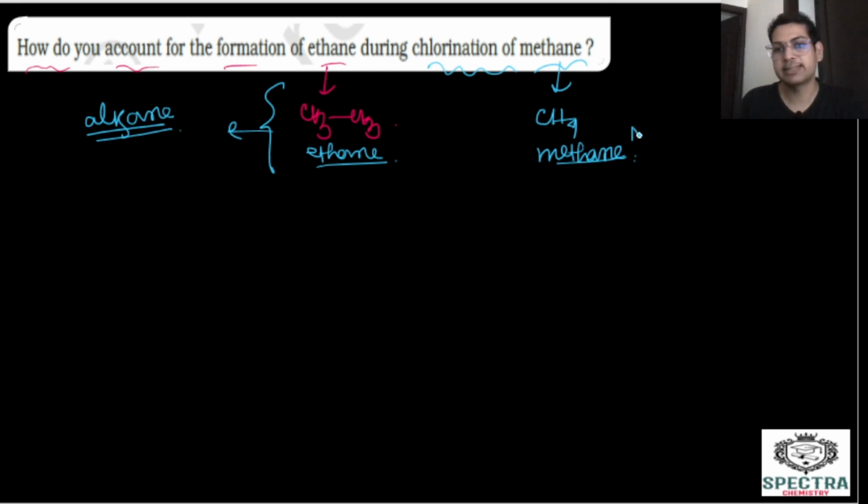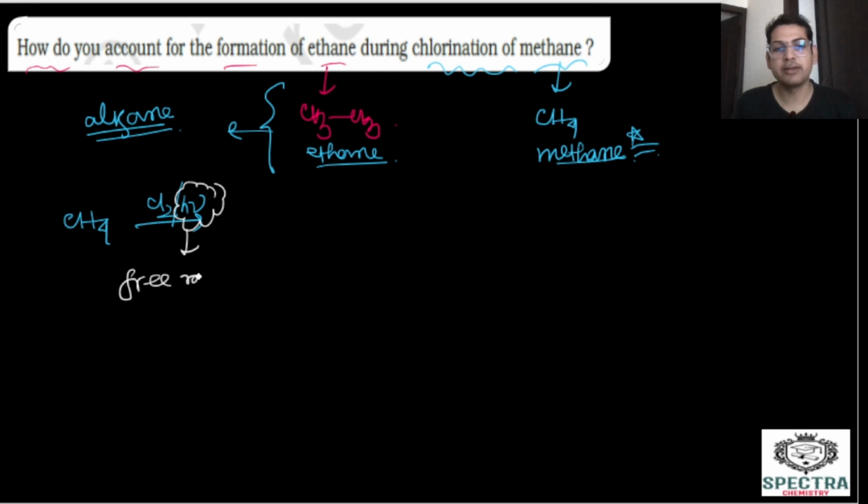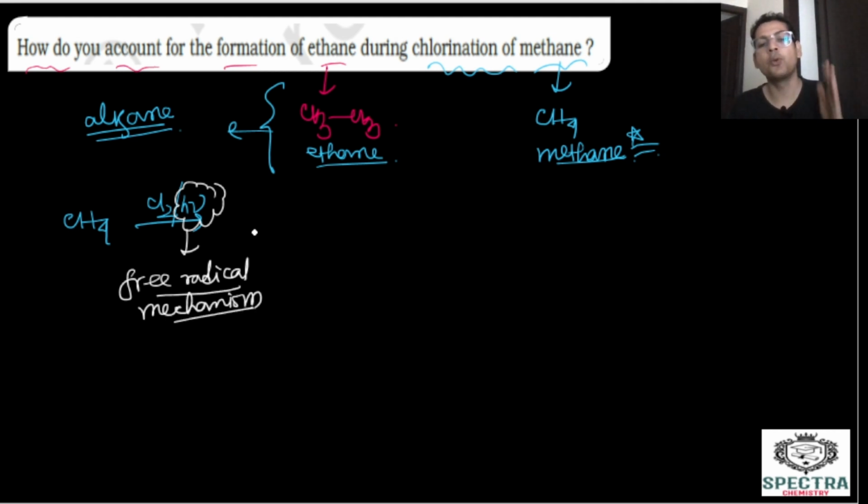Methane is an alkane, and if you are doing chlorination, that means you are doing the reaction CH4 with Cl2, h nu. Whenever the reaction is given with h nu, it means it's a free radical mechanism, and the reaction will form a free radical.